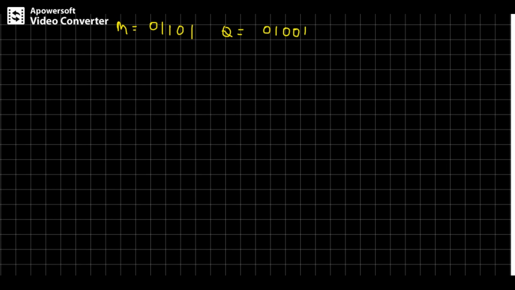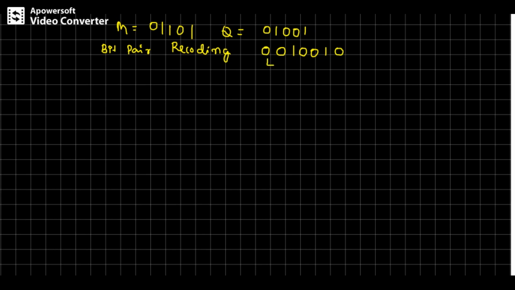So first I'll write bit pair recoding. For that I'll write q as it is 0, 1, 0, 0, 1. Extend the sign bit, append 1, 0 to the LSB.